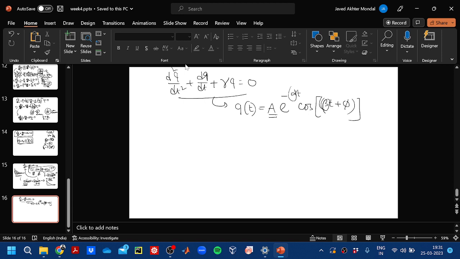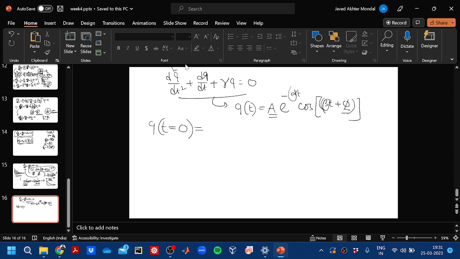Now there are these two variables which we don't know. This is a second order equation. To know the value of these two variables, we have to know two initial conditions. That means we can know the charge at initial time.